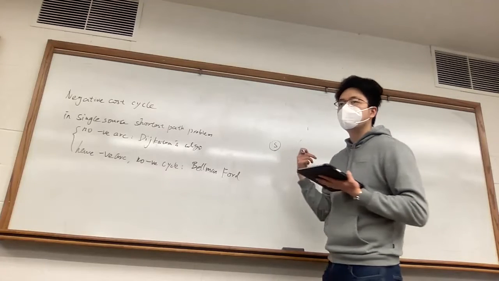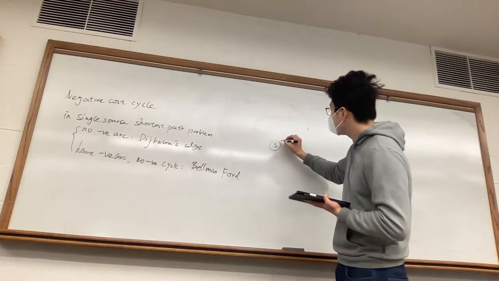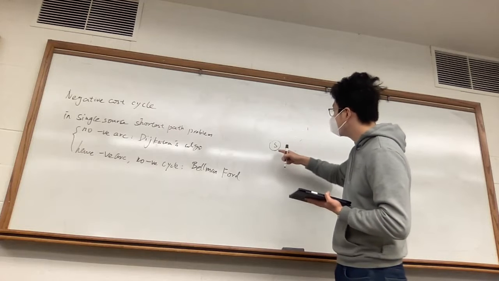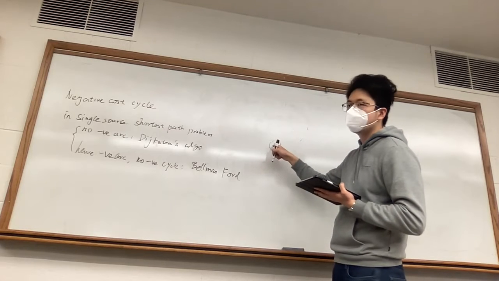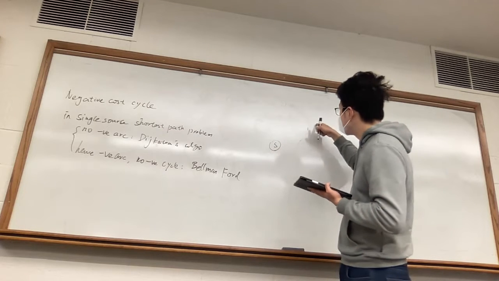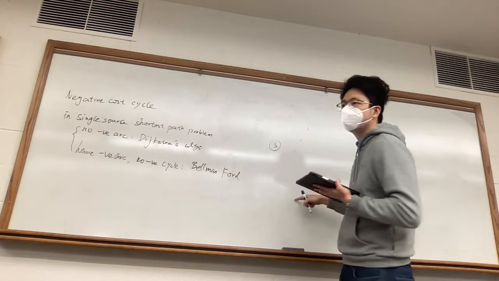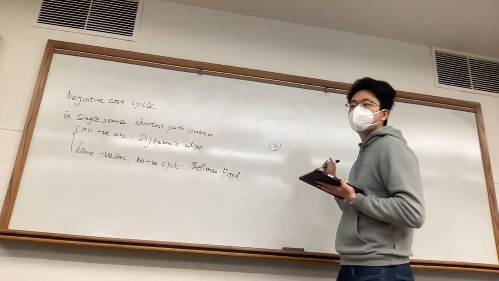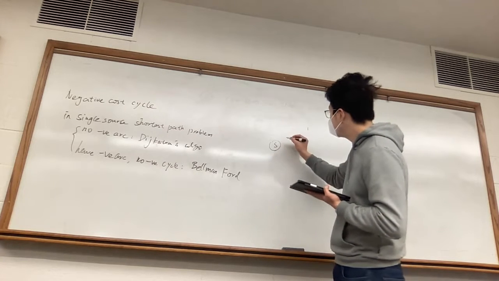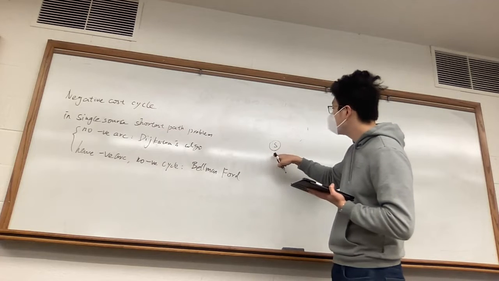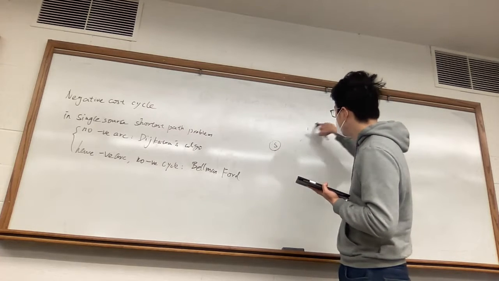So it is a greedy algorithm. Initially, the distance from S to S itself is 0. And you initialize the distance for any other vertices to be positive infinity.